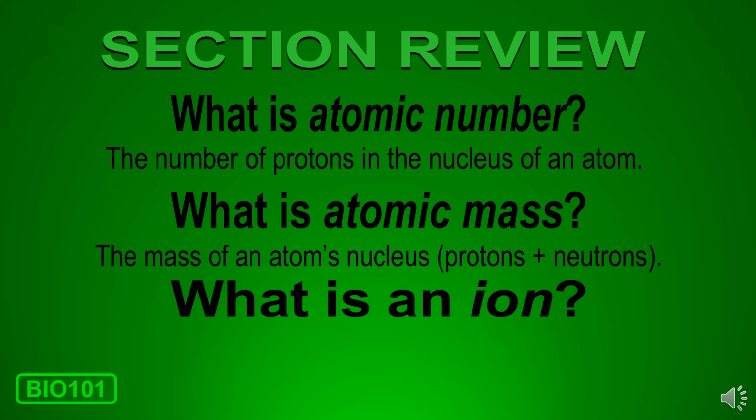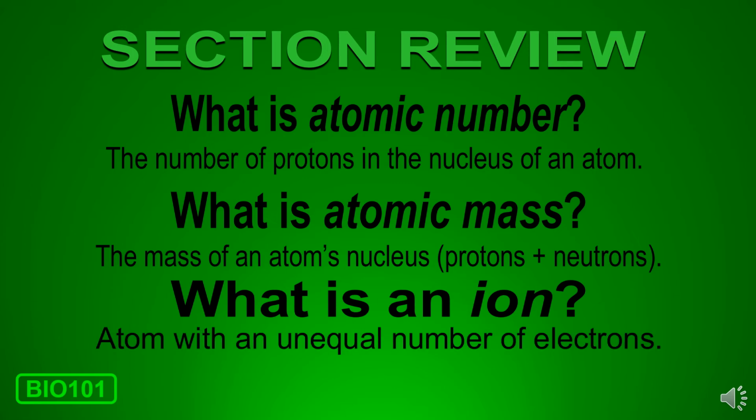And what is an ion? I mentioned ion earlier, but I will next, but just to get you thinking, what is an ion? Well, remember that a neutral atom has the same number of protons as electrons. The positives and negatives have to balance out. But what if an atom has an unequal number of protons versus electrons?